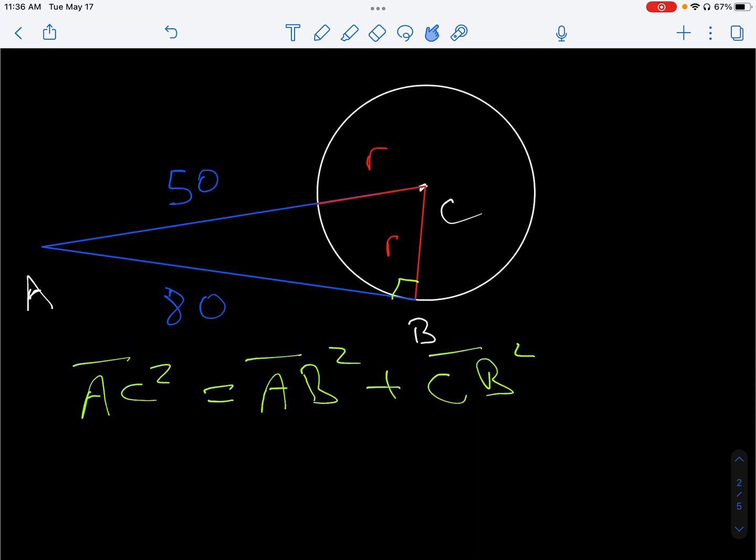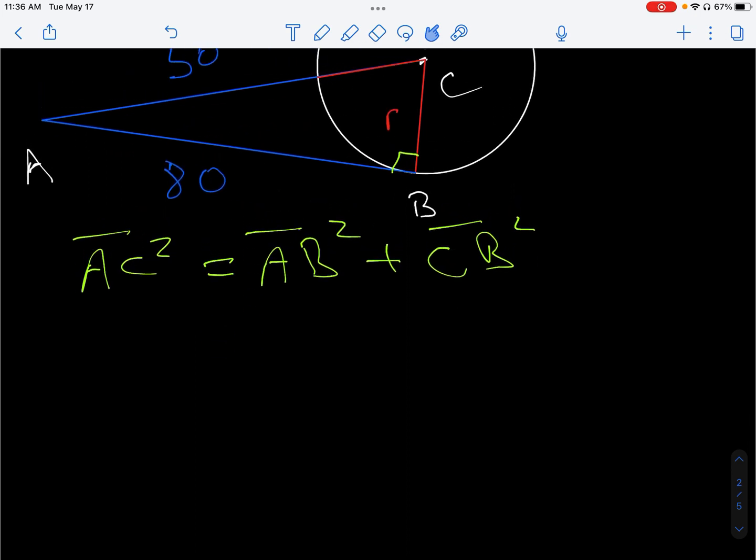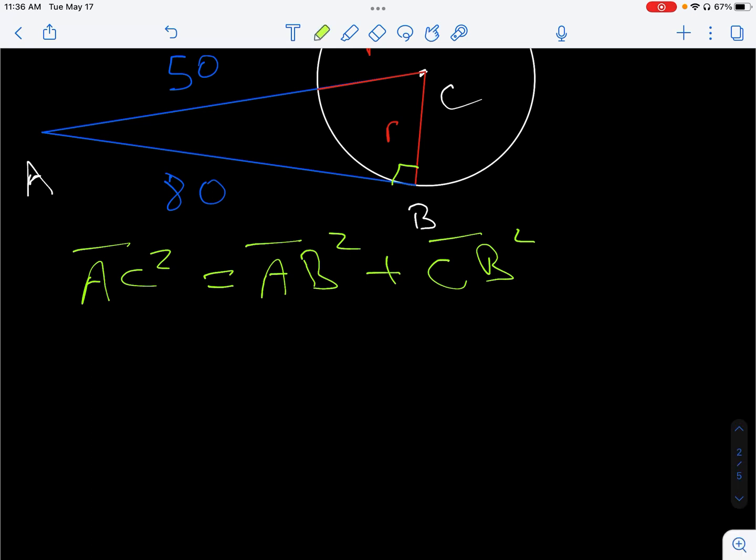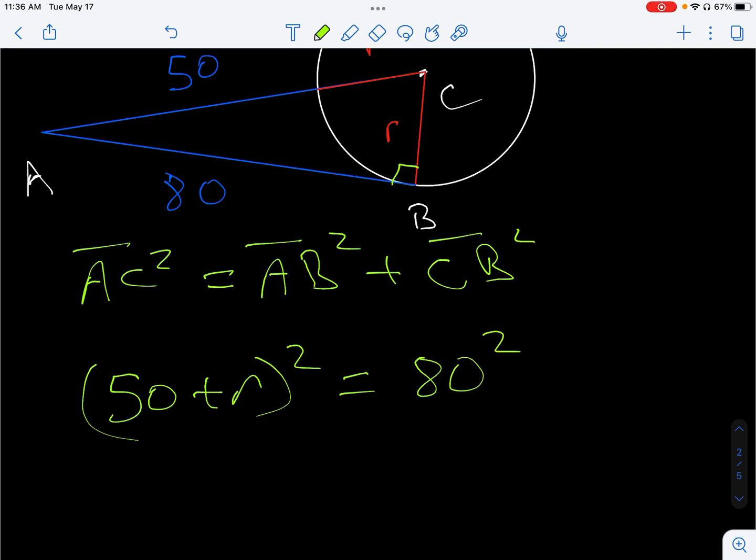Well, in this case, our hypotenuse is 50 plus r. So (50 plus r) squared equals 80 squared plus r squared.